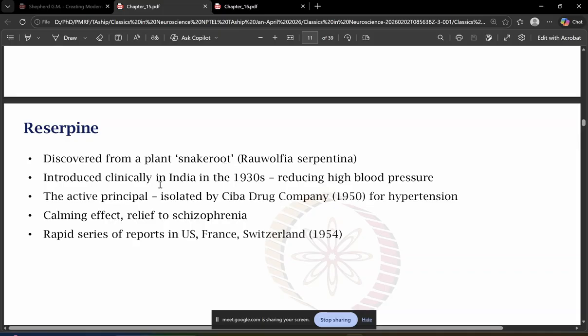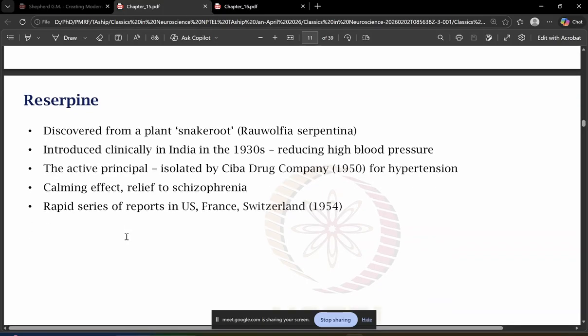And in India, it was used clinically in the 1930s for its role in reducing high blood pressure, and the active component of this snake root was isolated by the Ciba Drug Company in 1950 for use against hypertension. And it was seen that reserpine, in addition to its role against hypertension, also had a calming effect.